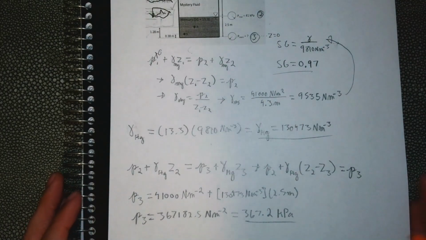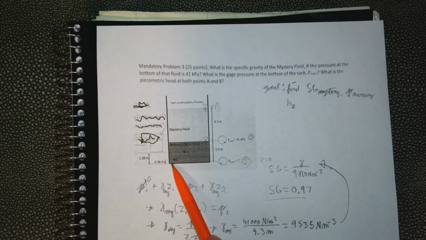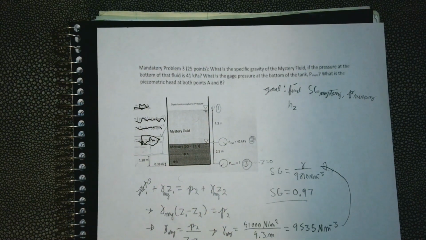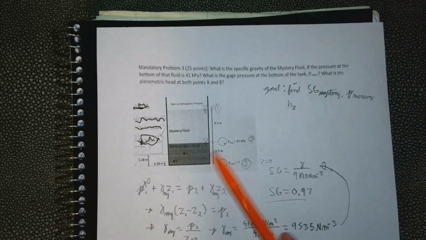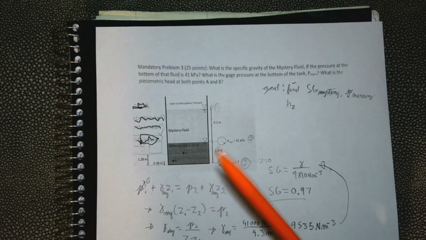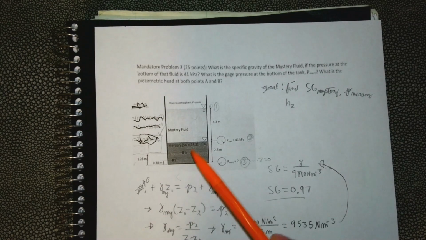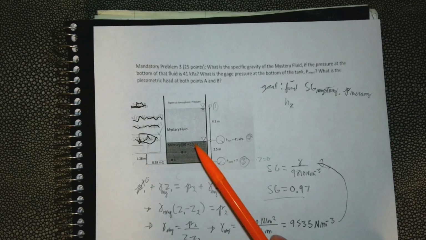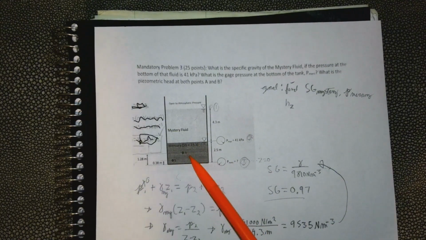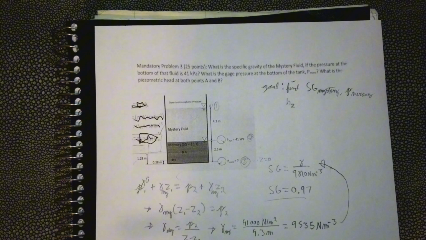Okay, so the next question is to find the piezometric head at points A and B, given right here. The important thing to know about piezometric head is its units are meters, right? But also, piezometric head is going to be the same for B and A. They're in the same liquid, and the textbook says that if they're in the same liquid and the density is uniform, which we're always assuming in all of the fluid questions we're doing, we're assuming that the fluid is incompressible, meaning the density is constant throughout the whole liquid.